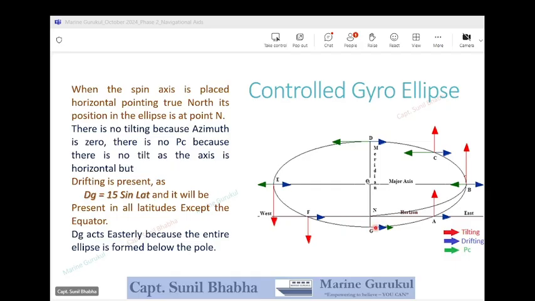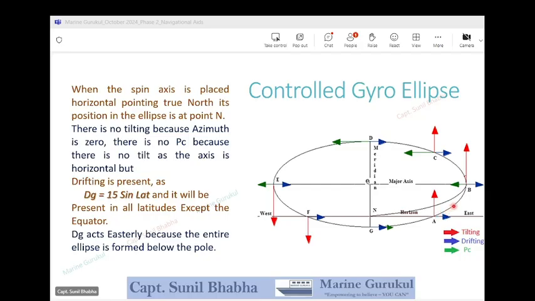As you go east of the meridian, upward tilting comes into the picture, pushing it upward. So the spin axis reaches back at point A. At point A, there is no control precession. Easterly drifting and upward tilting takes it above the horizon and further eastwards.